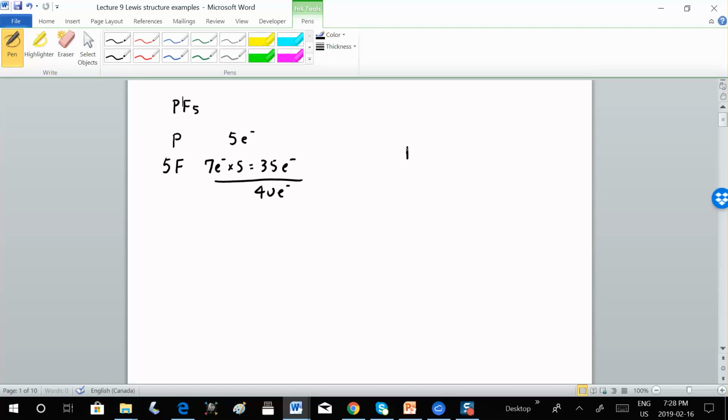Let's draw a skeletal structure. Phosphorus, we're going to put that in the middle, surrounded by 5 fluorine. So I use up a total of 5 single bonds. Let me just use a different color to indicate that. 1, 2, 3, 4, 5.